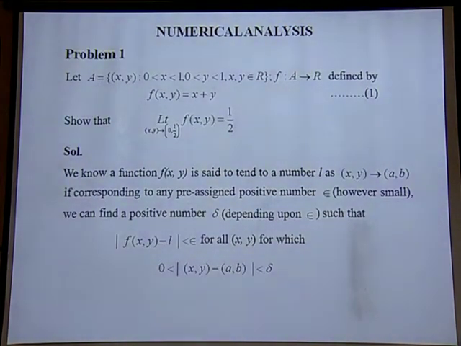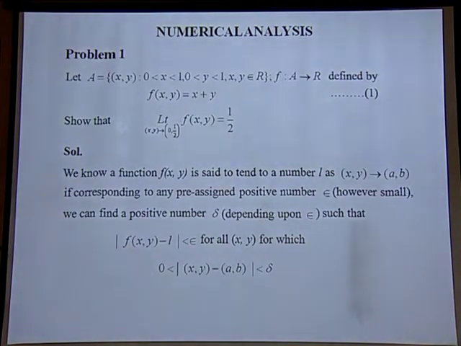We know a function f(x, y) is said to tend to number L as (x, y) tends to (a, b) if corresponding to any pre-assigned positive number epsilon, however small, we can find a positive number delta depending upon epsilon such that modulus of f of x y minus L is less than epsilon for all (x, y) for which modulus of (x, y) minus (a, b) lies between 0 and delta.